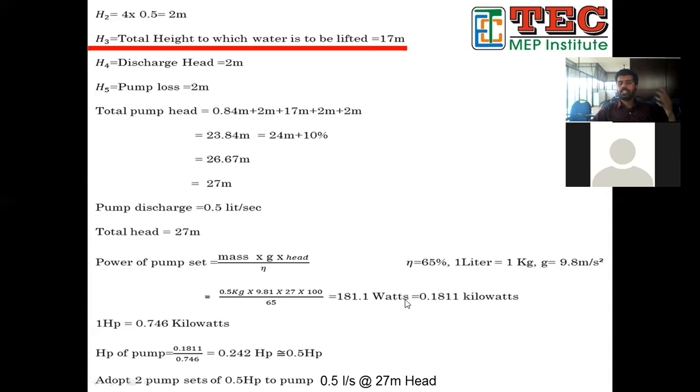So I want a 0.5 liter per second at 25 meter head, 0.5 HP pump. If you are just going and saying I want a 0.5 HP pump, they will ask what is the flow rate and head that you need. Okay. So as a design engineer, you have to calculate it, and you have to know what is the discharge and the head.